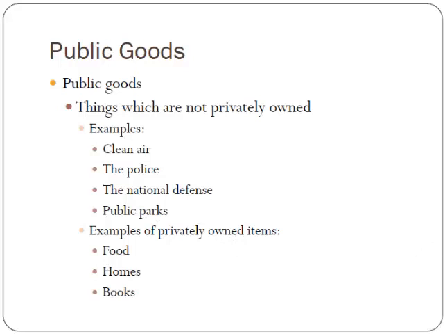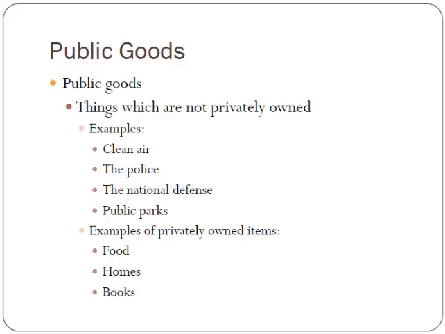Of course, there are other things that are owned by individuals, like food, homes, books. Those things the government role is a little bit more limited in. The government, for example, might have a role in food, like the Food and Drug Administration, to make sure things are safe, but on the other hand, they're not going to completely run the distribution of all food in all homes throughout the entire country. Things like the police, on the other hand, are almost entirely government-owned.